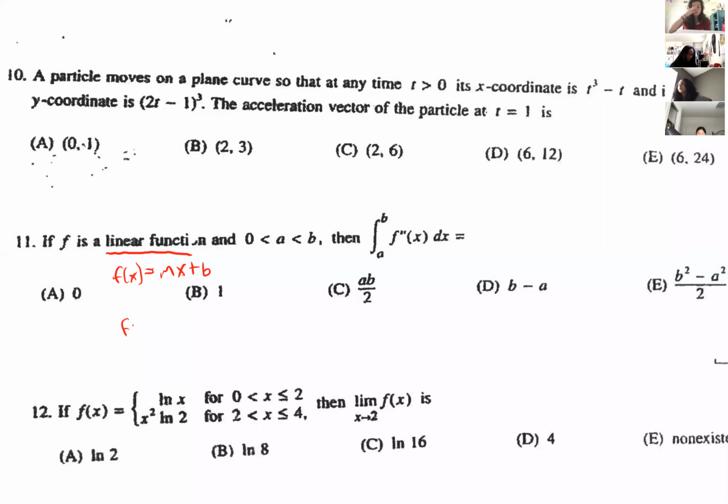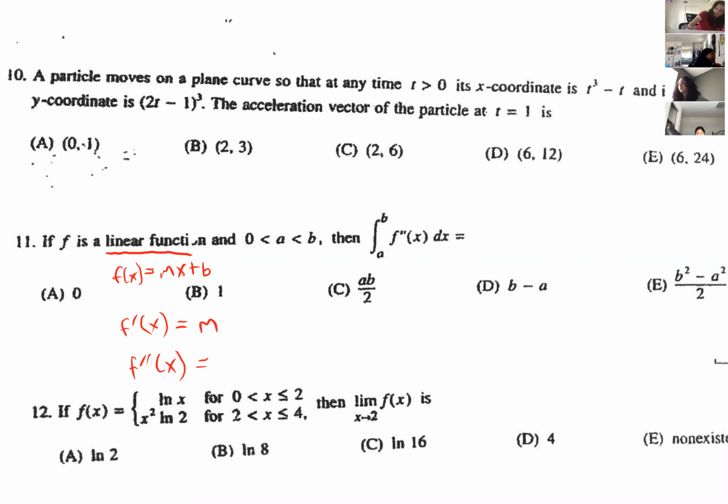If you take the derivative of both sides, f prime of x equals the coefficient of x, which is just m. The derivative of the constant b is just 0. When I find the second derivative, what's the derivative of m, which is a number? 0.